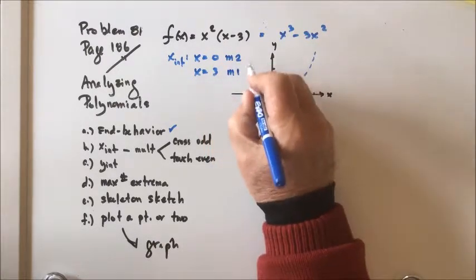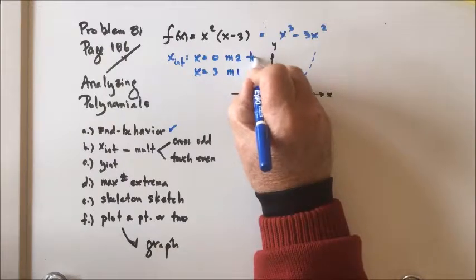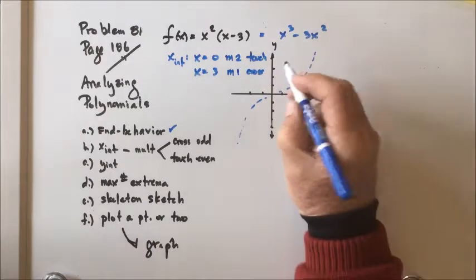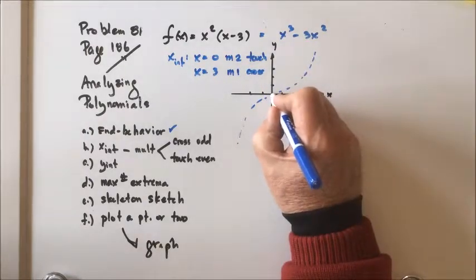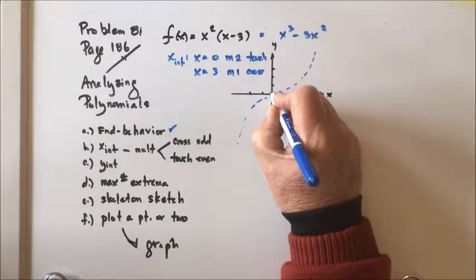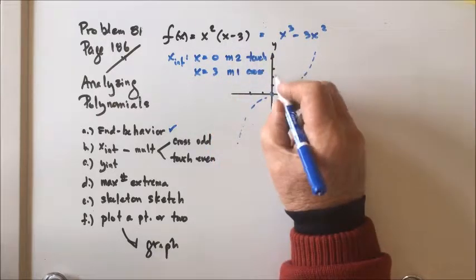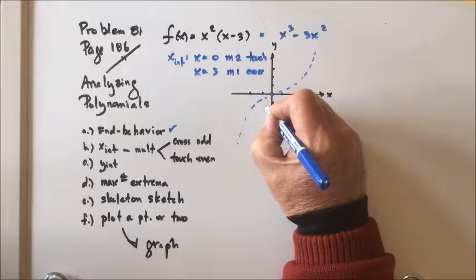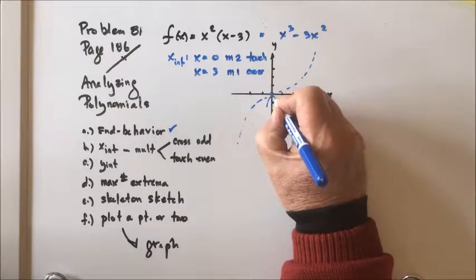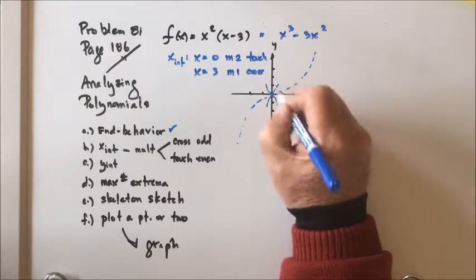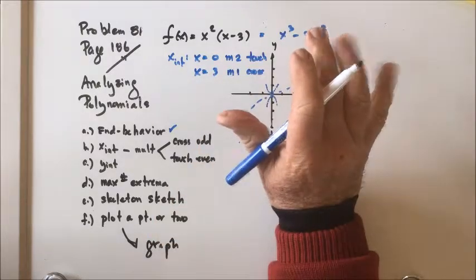And that means that the graph is going to touch here. It's going to cross here. And you can make that clear to yourself by plotting the point 0, 0, and giving yourself a little sketch that says, it's either going to come up like this or it's going to come down like this, one way or the other. It's not going to cross the axis, it's going to kiss the axis.